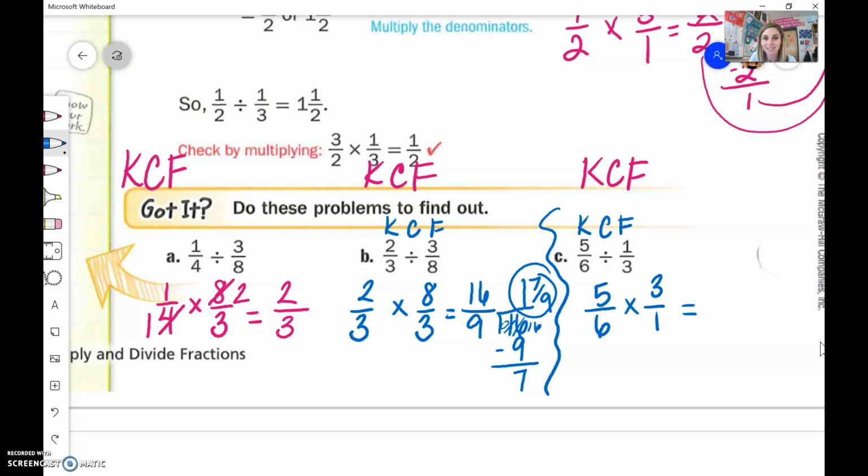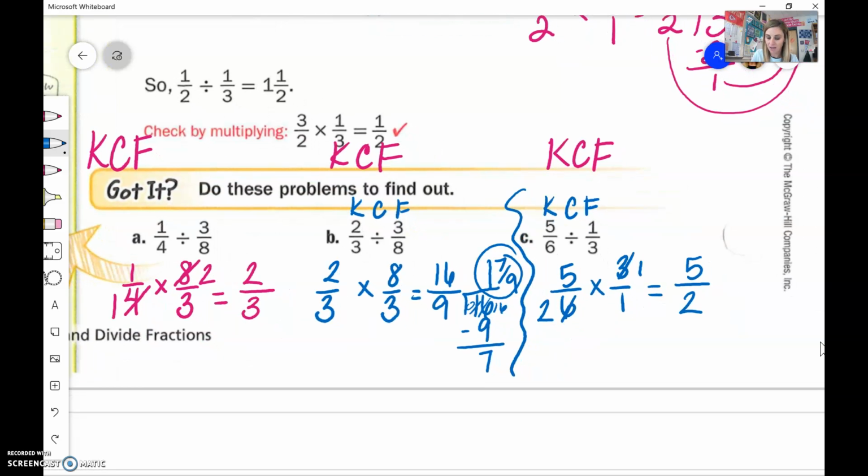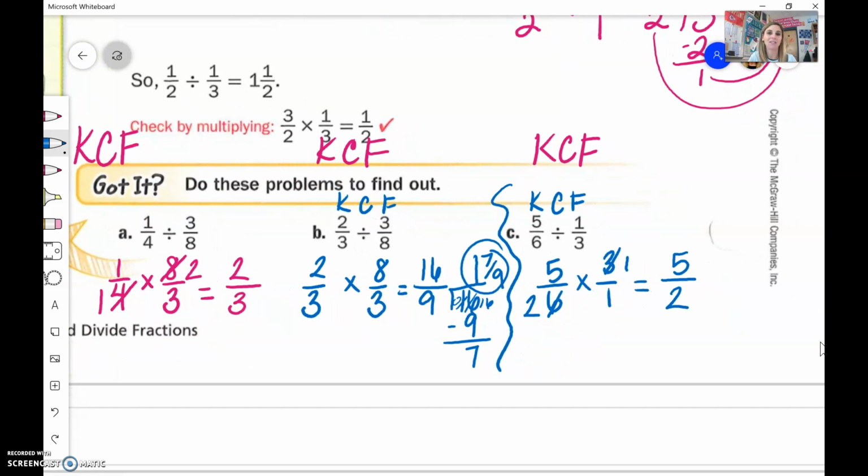Now, taking a look at 6 and 3, I know that they have a common factor, which means that I can divide each of those by 3. 3 divided by 3 is 1. 6 divided by 3 is 2. I'm going to multiply my numerators. 5 times 1 is 5. 2 times 1 is 2, and I get 5 halves. Can I leave it like that? No, that is an improper fraction.